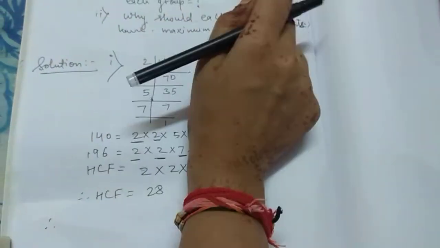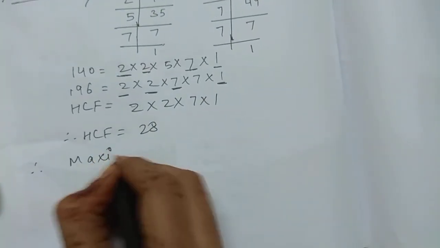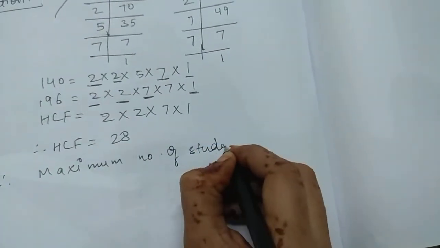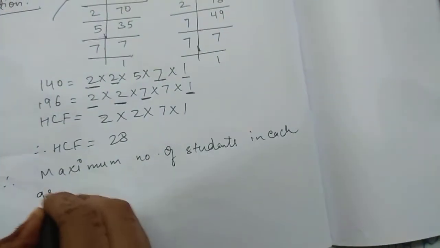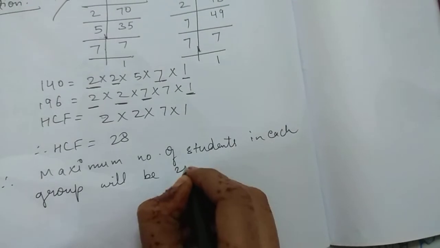Therefore, the maximum number of students in each group will be 28. Now why? Okay, so first part is done.